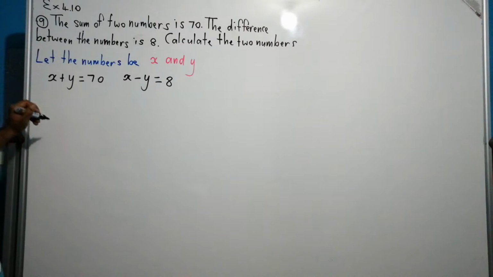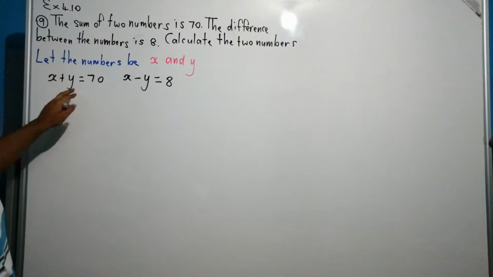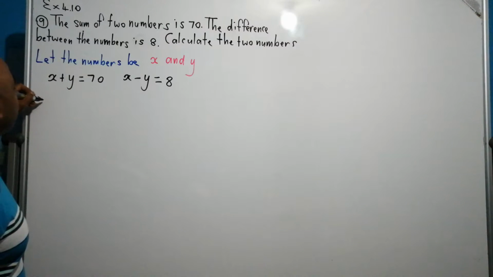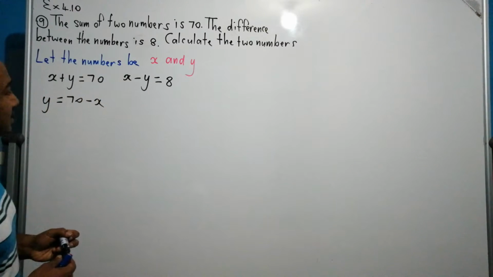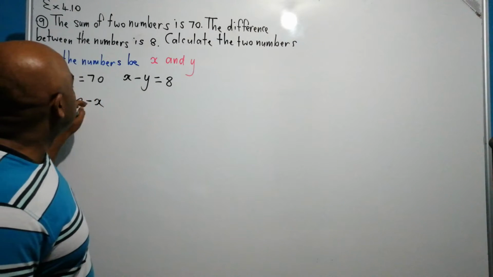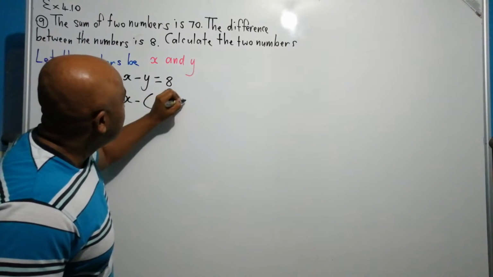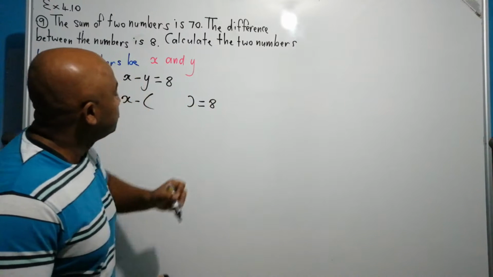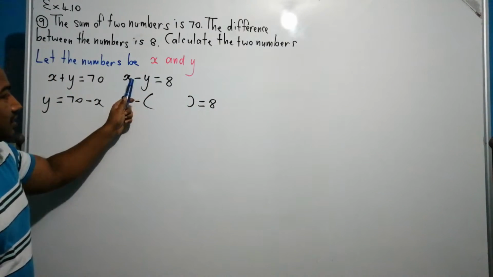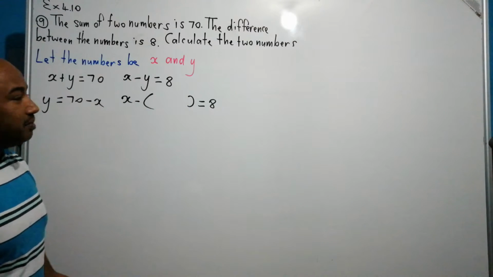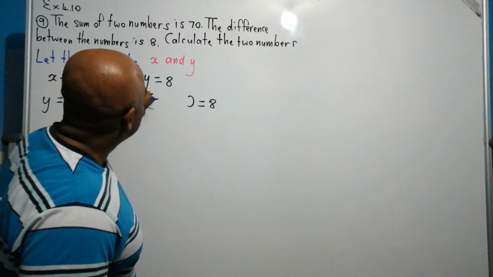If you want to use substitution, then you want to make x the subject or y the subject. Let me choose to make y the subject. So y is equal to 70 minus x, and all I will do is substitute y equal to 70 minus x in equation 2. Remember that you have a negative here, so therefore I have to introduce brackets. What is y? y is 70 minus x.